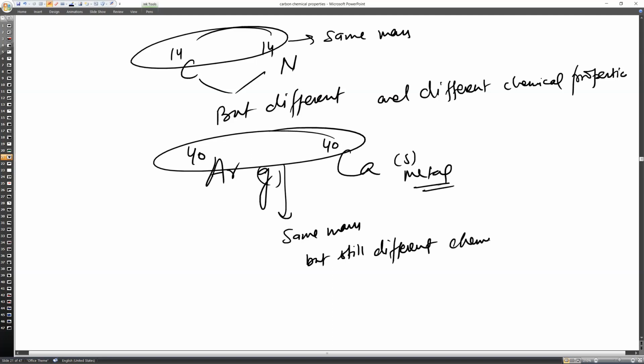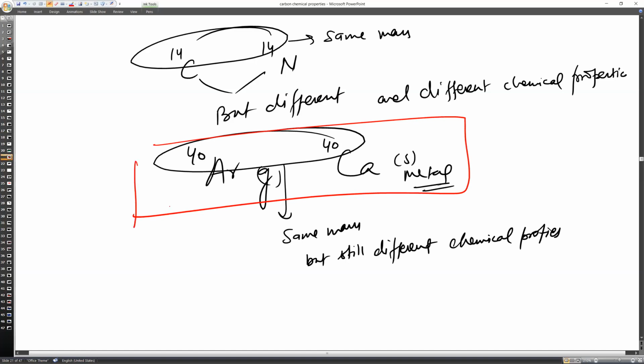So what are these types called? They are called isobars. What are isobars?